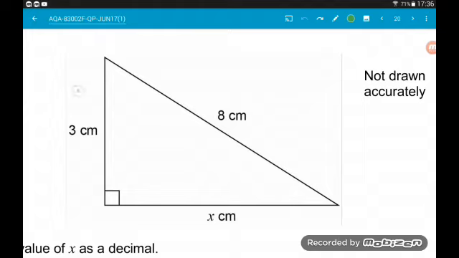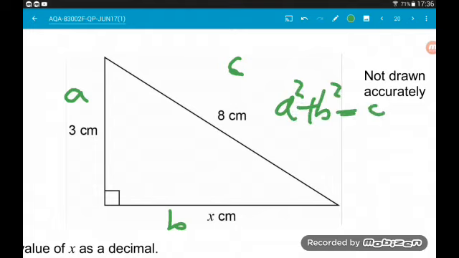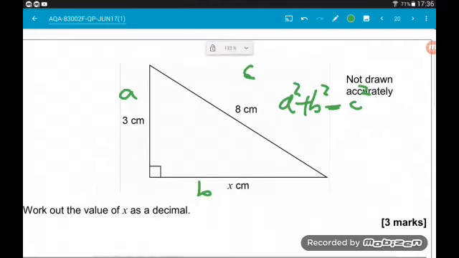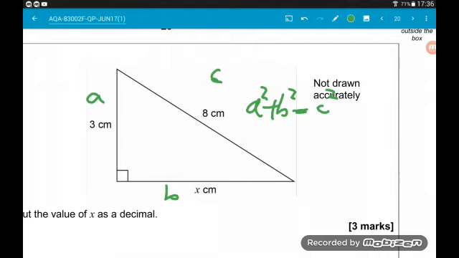So, if we label our triangle A, B, and C, Pythagoras tells us A squared plus B squared equals C squared. Lovely. If we're trying to work out C, here though we want B, so we take A squared away, we get B squared is C squared minus A squared.